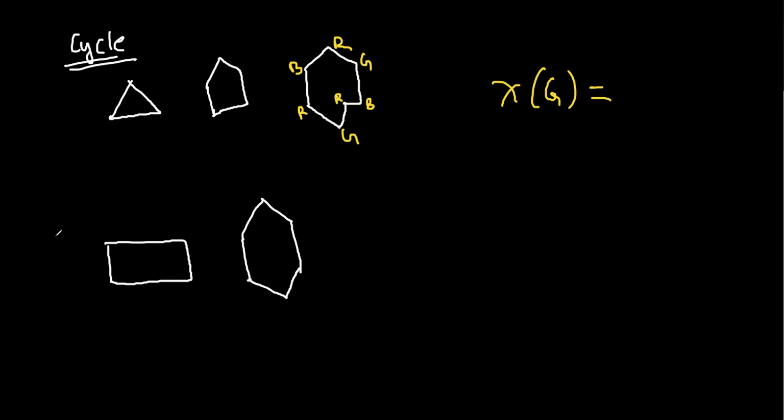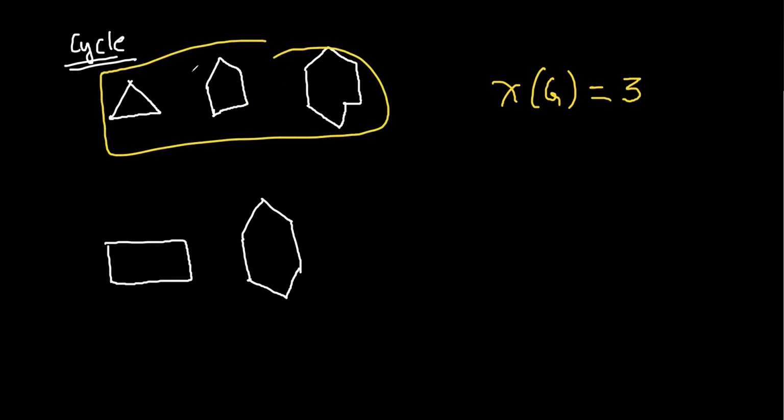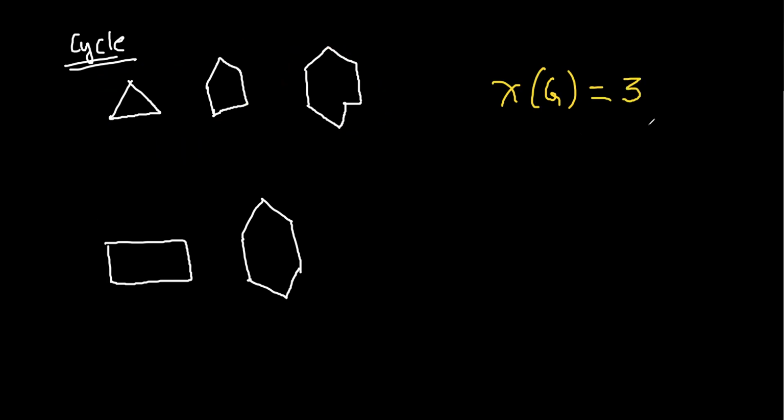3 colors. So you can observe one thing, what? Chromatic number for a cyclic graph is 3, right? If n is odd.